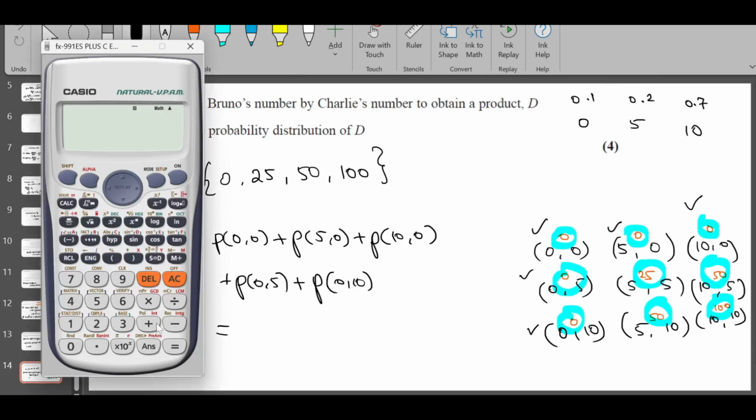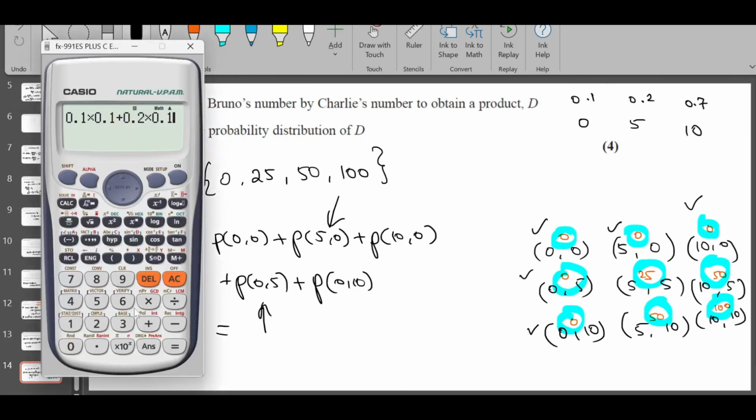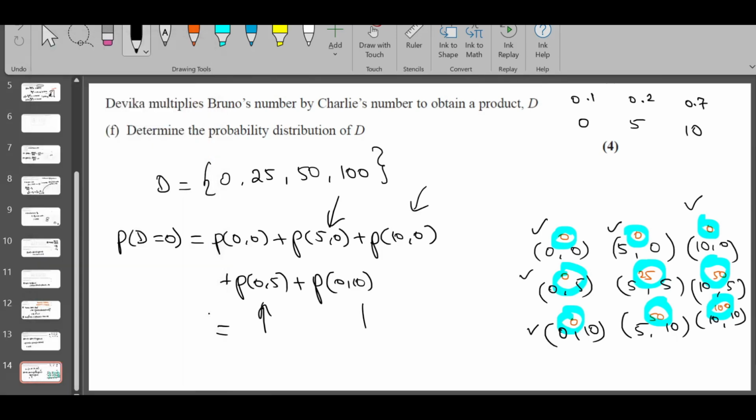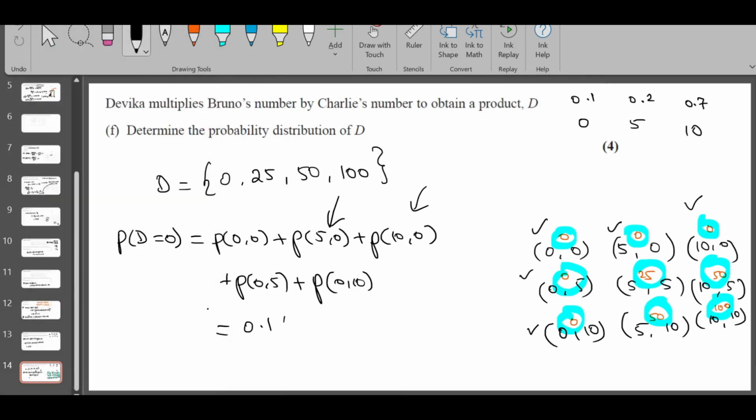So when you calculate, it's 0.1 times 0.1, plus 0.2 times 0.1, but that appeared twice, so I'm going to put times 2, plus 10 and 0 also appeared twice, so 0.1 times 0.7 times 2. You get 0.19.